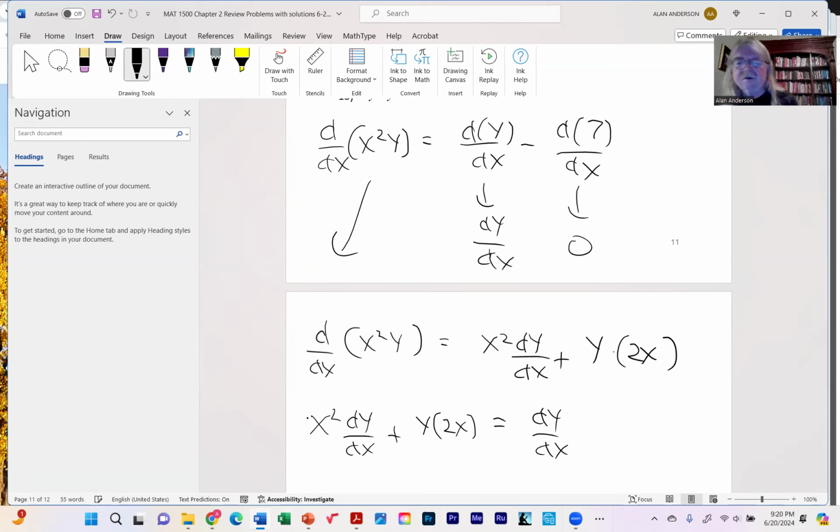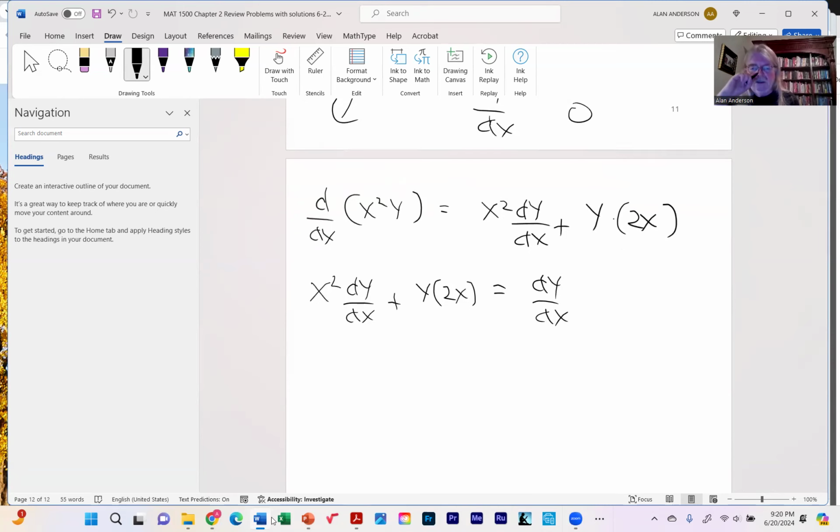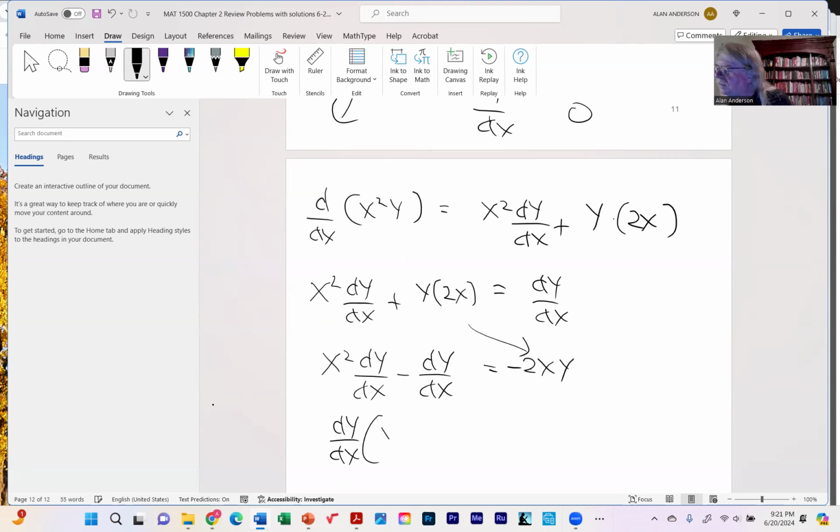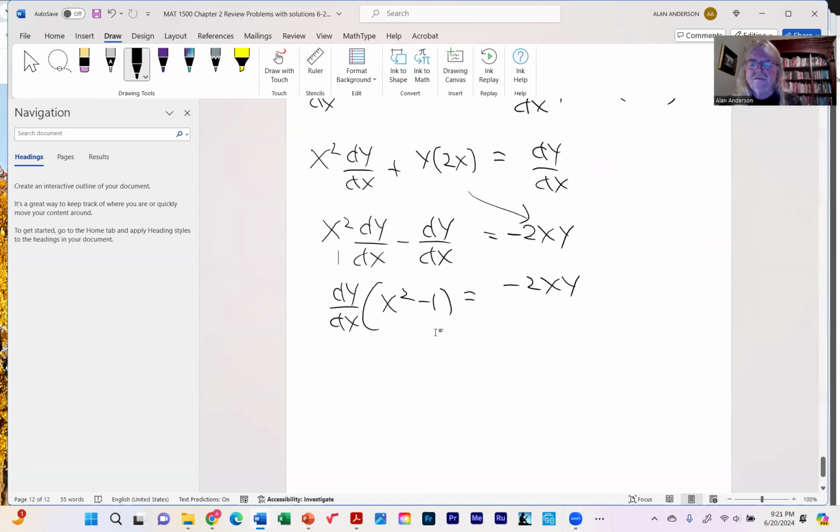Now remember too, we had a 0 that drops out. And now we actually have two dy/dx terms here that we can consolidate. And then while we're at it, let's subtract this 2xy. I'm going to rewrite this as 2xy and subtract it from both sides. And then we're going to factor out this dy/dx. And then the last step is simply to divide.